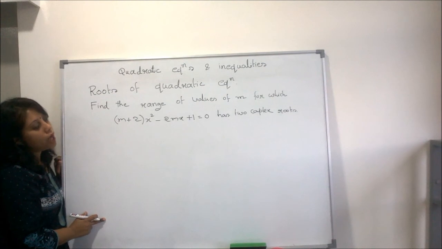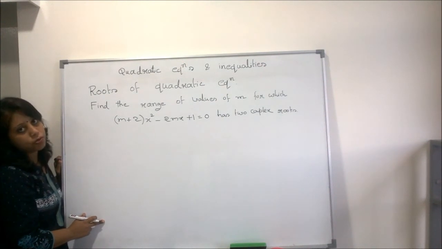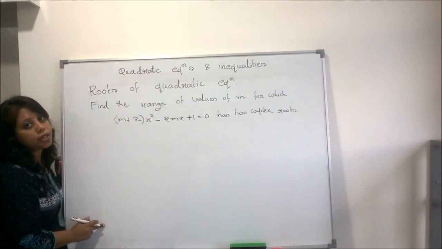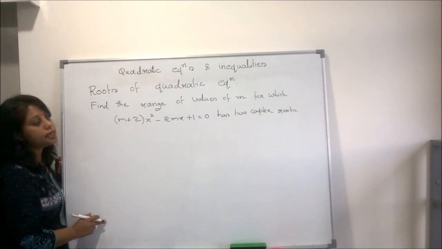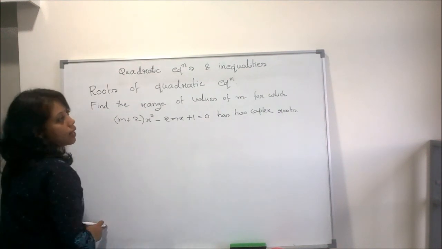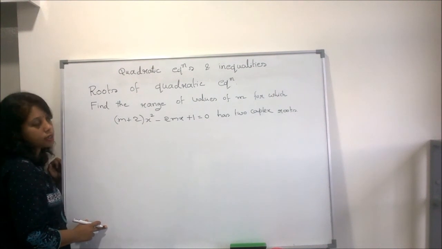So what is the condition to have complex roots of an equation? We know that when the discriminant is less than 0, then the equation doesn't have any real root. In that case it has complex roots. Okay, so we have to find out when the discriminant is less than 0.